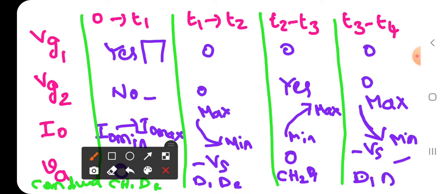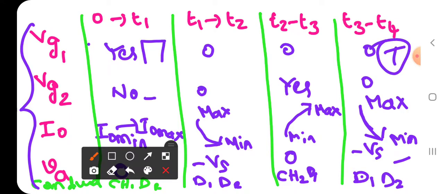Now based on this information, try to draw the waveforms with all these 5, from 0 to T4, this is T, and draw this for 2 cycles. I have shown the information for 1 cycle. Draw the same thing for 2 cycles.